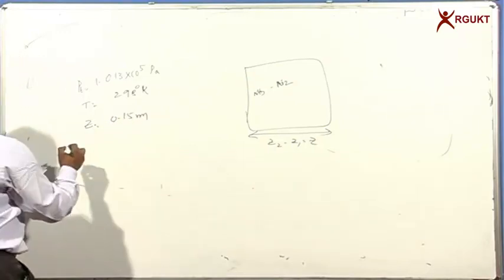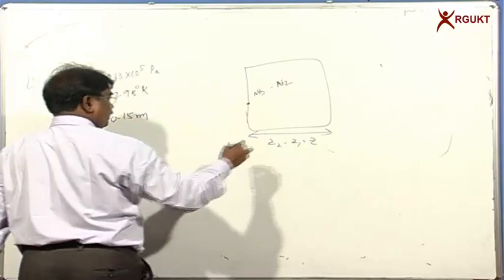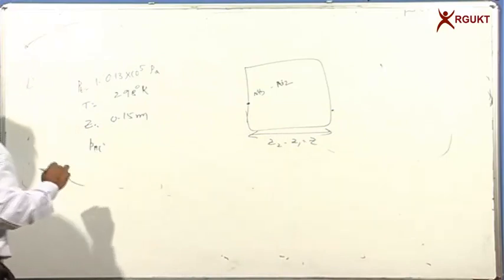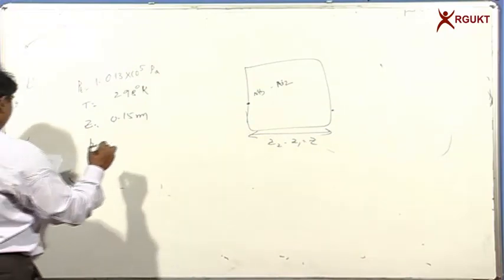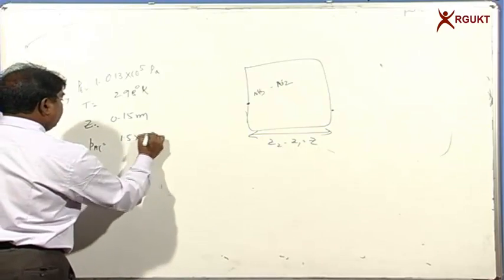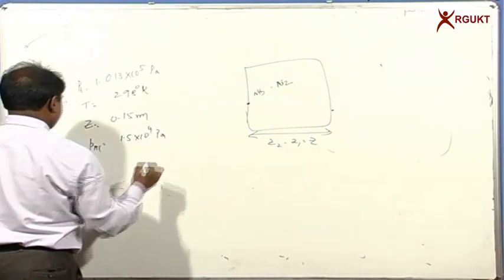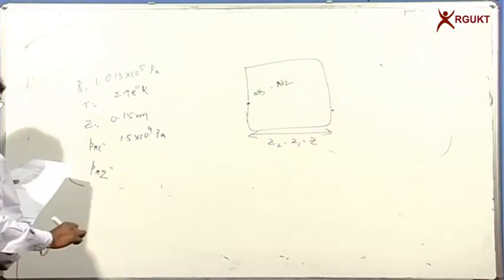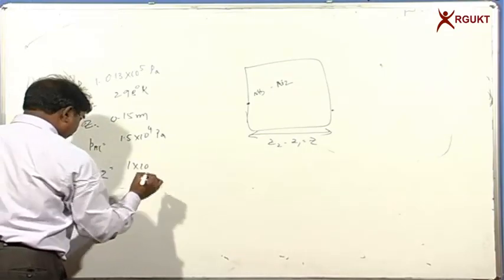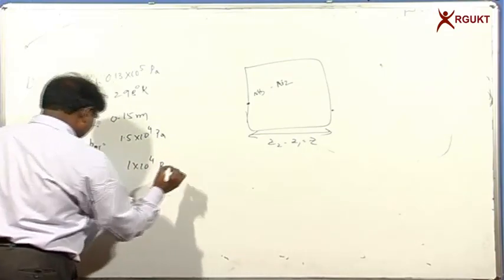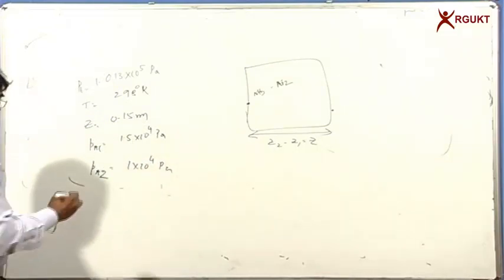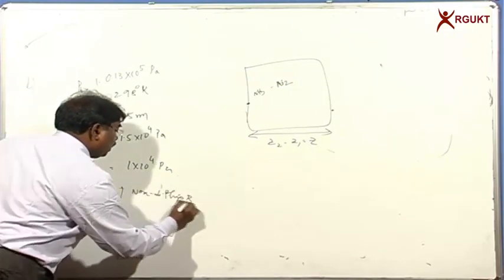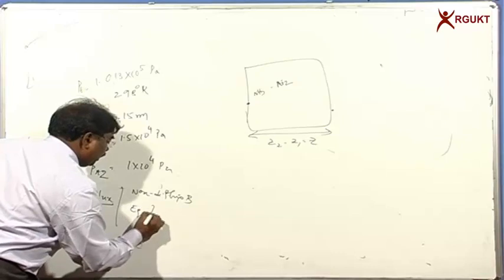At location 1, the partial pressure of ammonia is 1.5 into 10 power 4 pascals, and the partial pressure of ammonia at location 2 is 10 power 4 pascals. Now the question is, we have to calculate the flux for two conditions: one is the non-diffusing B case, and the other is equimolar diffusion.